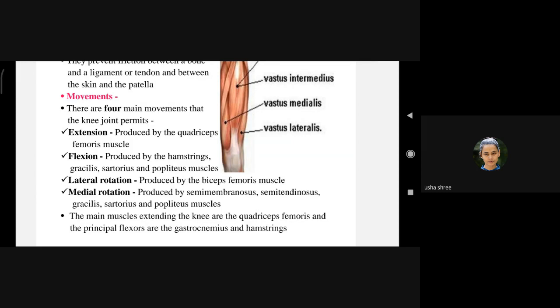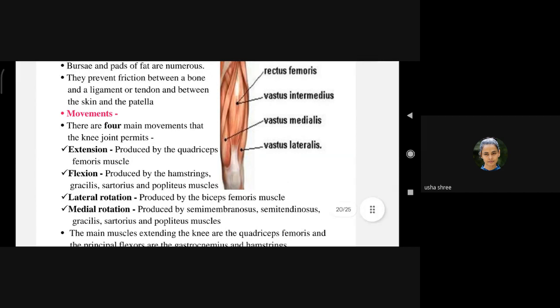We all know biceps, triceps. Why are these named? Bi means 2, tri means 3. Biceps means 2 muscles are grouped together. Triceps means 3 muscles are grouped together. Quadriceps, 4 muscles are grouped together.